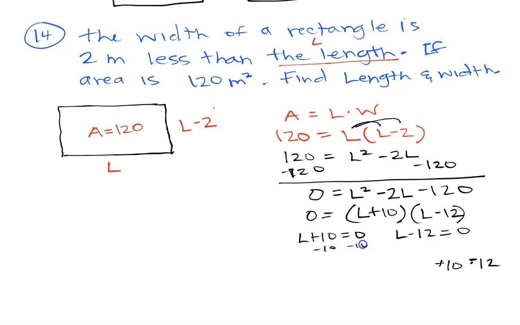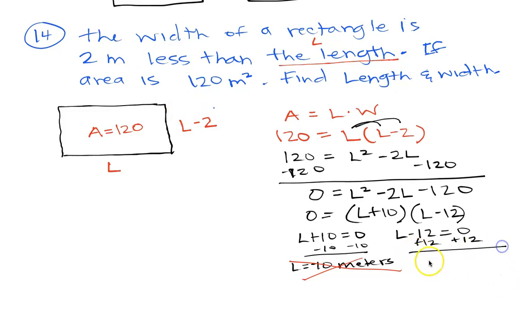So here when I subtract this over, I get the length is negative 10 meters. Now in your mind, I hope you're thinking that is not possible. Lengths cannot be negative. So this is called an extraneous solution. That's not really the length, so we're going to have to use this other one. If I add 12 over, I get L equals 12 meters.